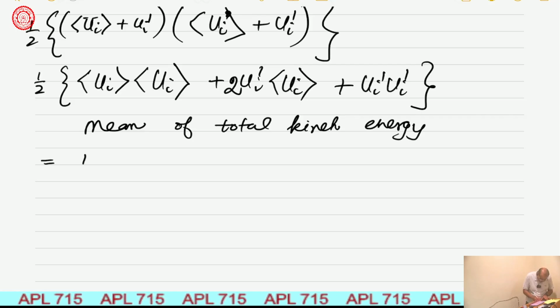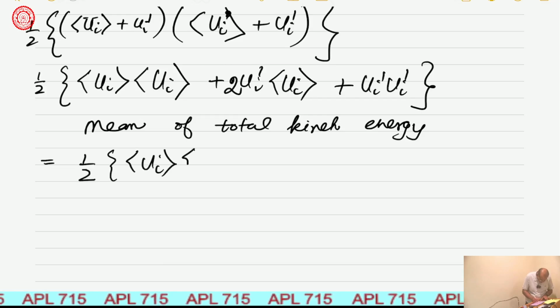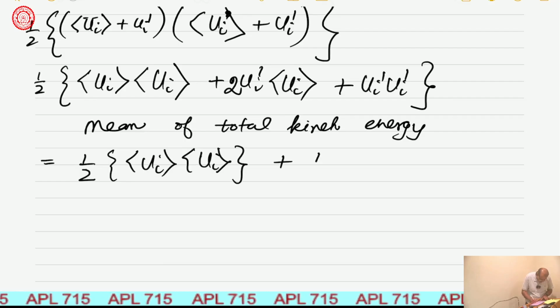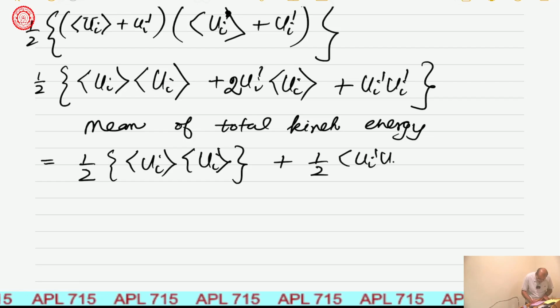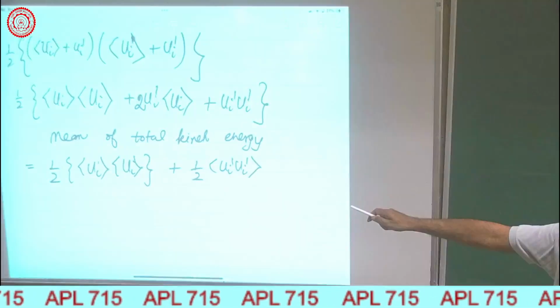this will become half of the mean of ui squared plus half of the mean of ui prime ui prime. The first term is what we are calling the mean kinetic energy.